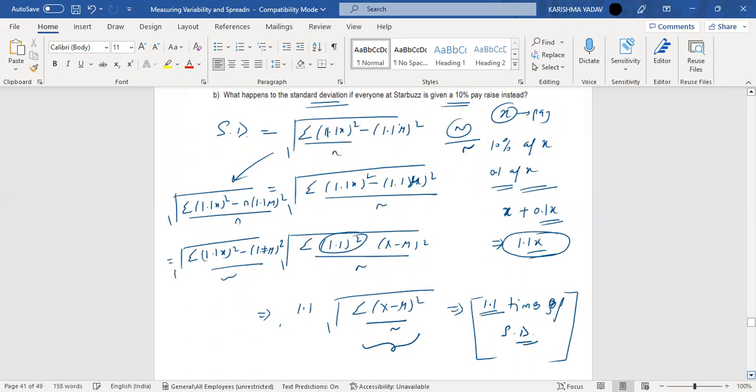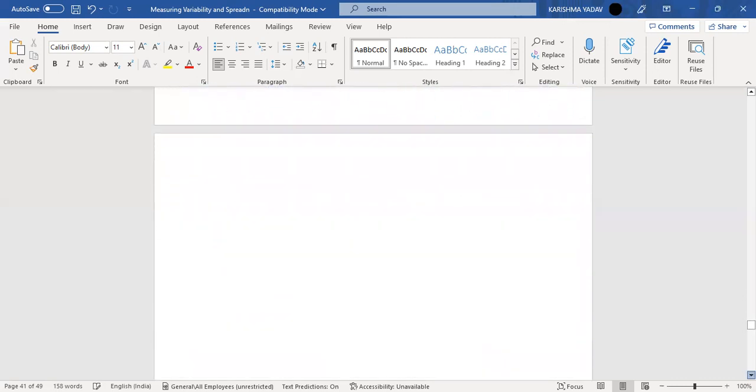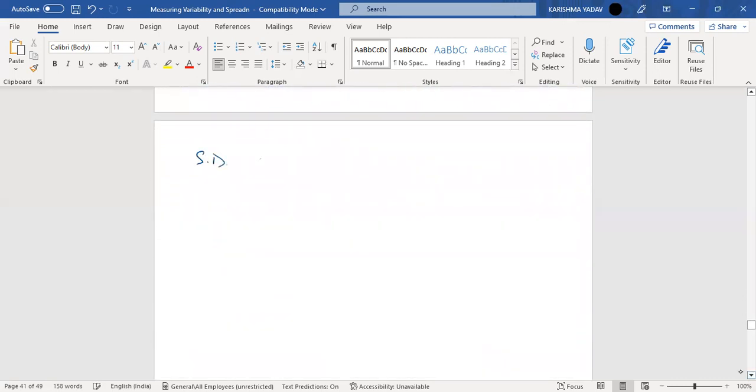Now I have a question in mind: can we have a standard deviation of 0? Can the standard deviation ever be 0? Yes, it can. The standard deviation can be 0 if all the values are the same.